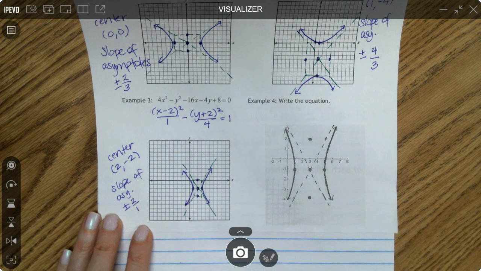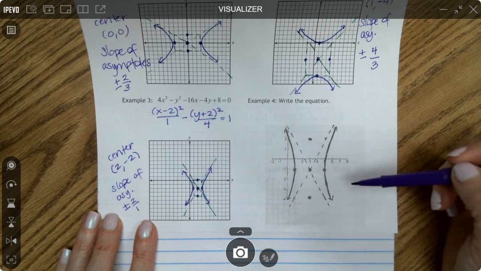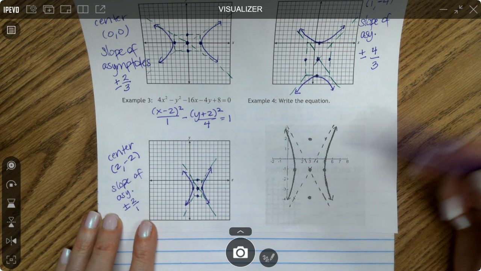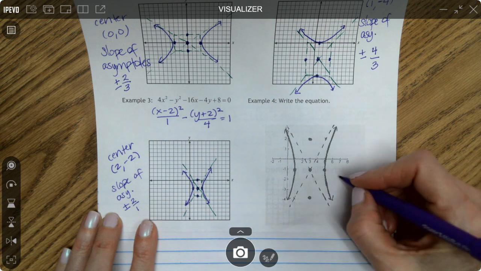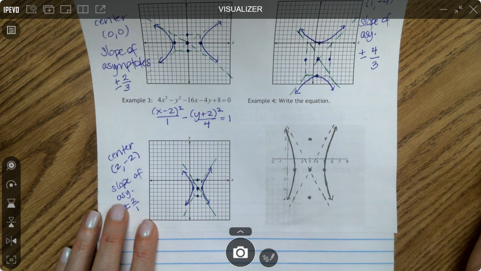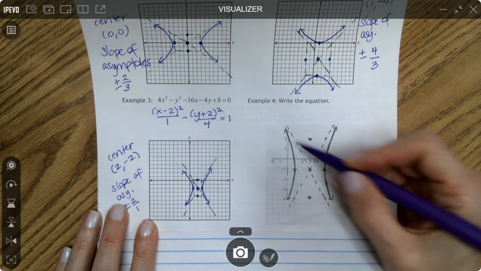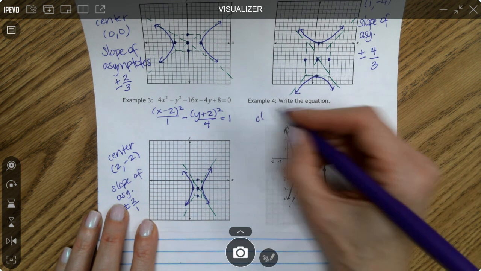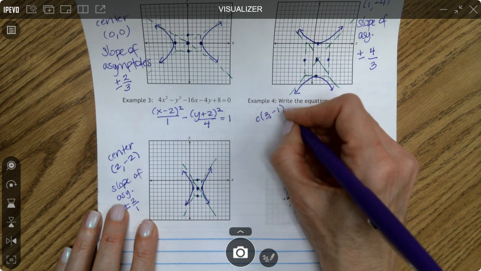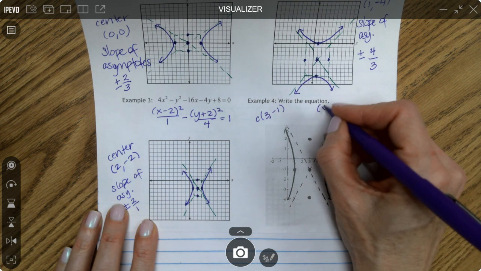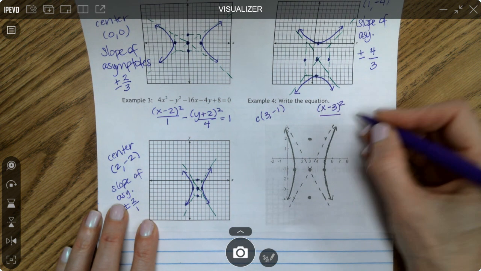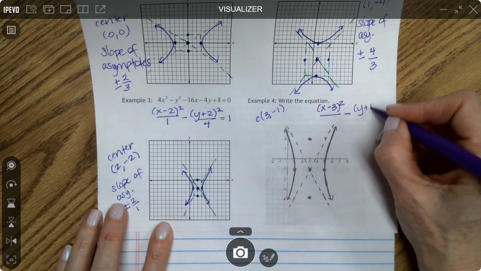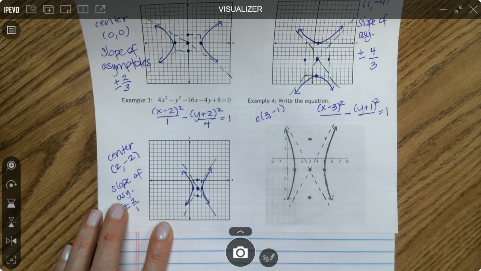All right, you should also be able to write the equation given the graph. So again, pay attention to which direction it's drawn so you know which variable to write first. In this case, the center is at 3, -1, and it's drawn in the x direction, so I should write x first. So if the center is 3, -1, and x is written first, it would be x minus 3 squared over something minus, if you put a plus, it's not a hyperbola, y plus 1 squared over something equals 1.